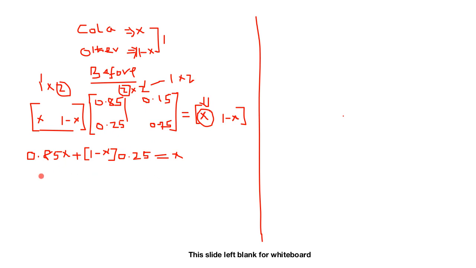If we expand this, then we'll have 0.85x plus, as we open this bracket, 1 times 0.25, and that will be 0.25.